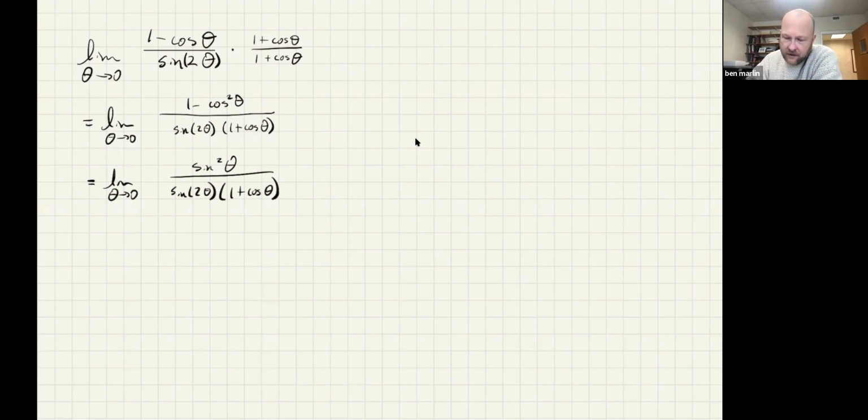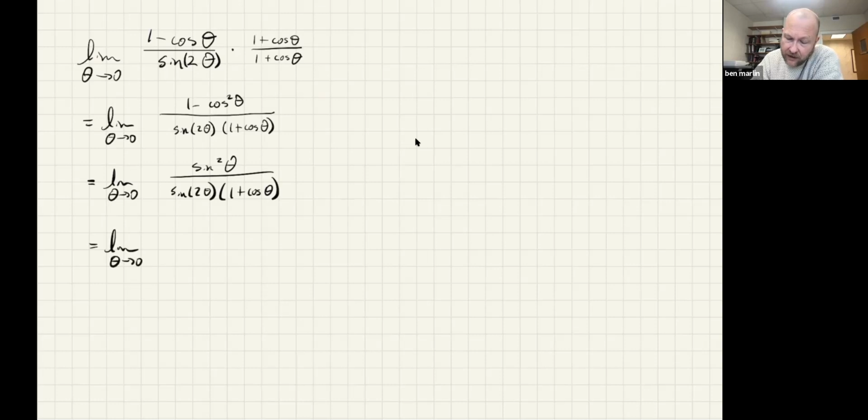That is a little bit of progress, because in the numerator, we've got sine squared theta. In the denominator, we've got sine of 2 theta. If it was normal sine theta, we could cancel one of them. It's not.